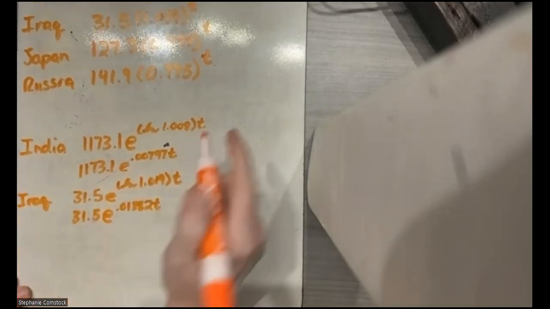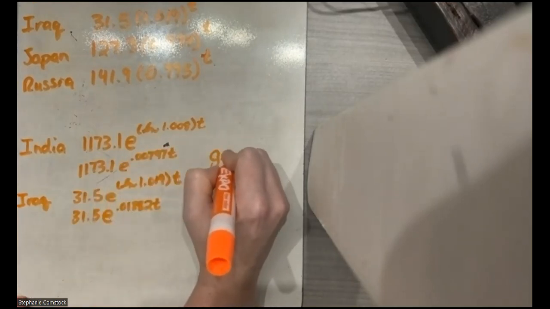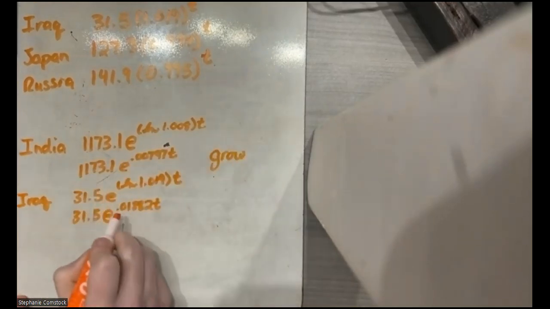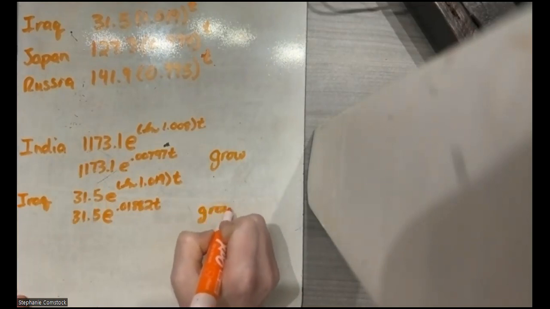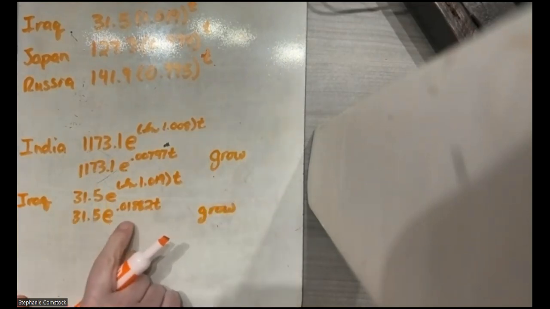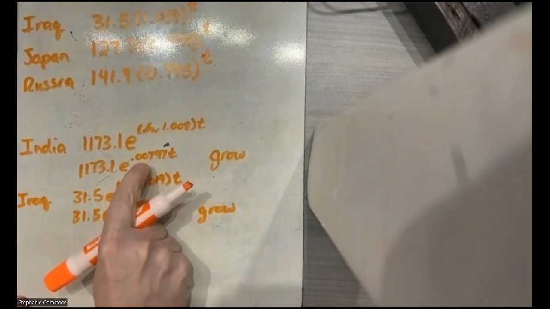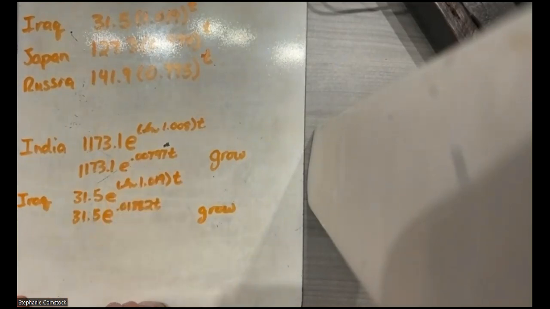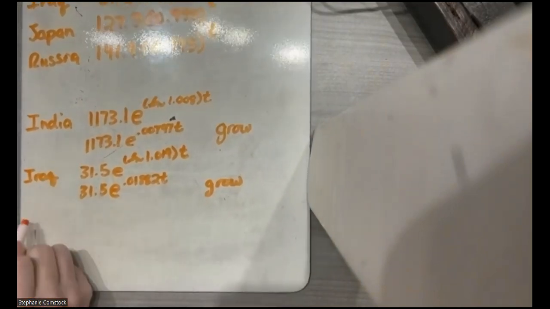Because this is positive, I know that this is growing. The India one is also positive, so I know that it's growing. Because Iraq's number is bigger than India's number, I know that Iraq is growing faster than India.